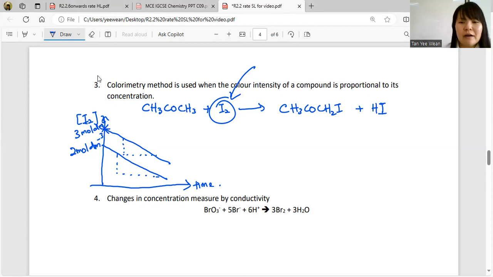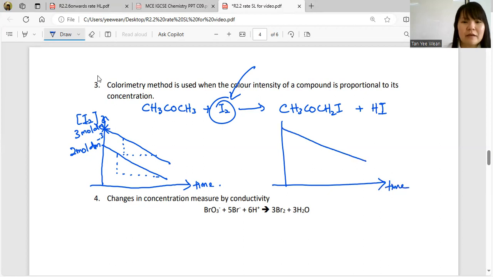Okay, or I can repeat this experiment with a different concentration of propanone. But this machine can only measure the concentration of I2. Okay, so let's say this was done with CH3COCH3 of 1 mole per dm cube.